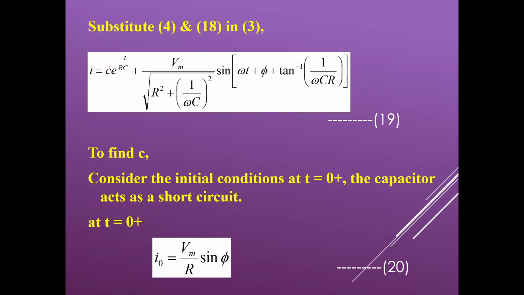Now in this total solution the unknown term is C. So let us determine this arbitrary constant. In order to determine the arbitrary constant, let us consider the initial condition: at t equal to 0 plus, the voltage across the capacitor is 0. The capacitor acts as a short circuit.